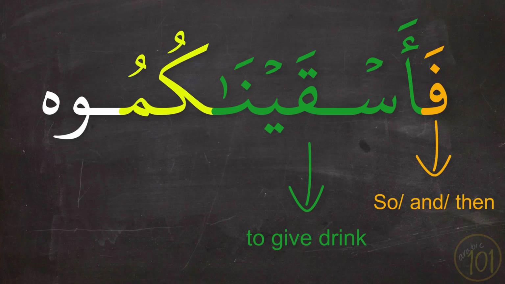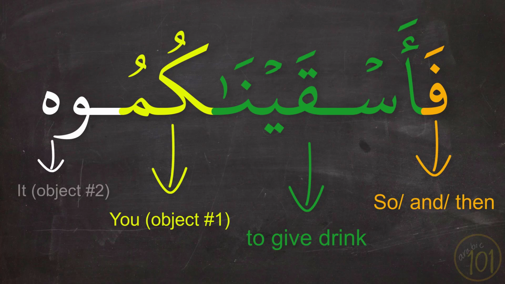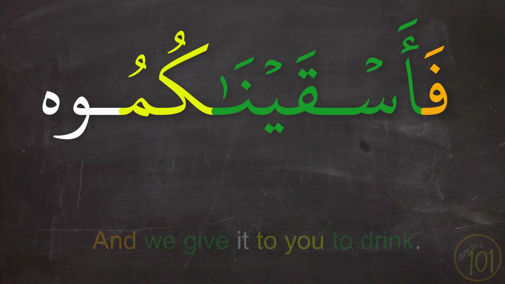Asqaynākum, which would then mean you as an object pronoun, and after it we see the attached pronoun hu, which would then mean his, him, or it. So that's why fa-asqaynākumūhu means and we give it to you to drink.